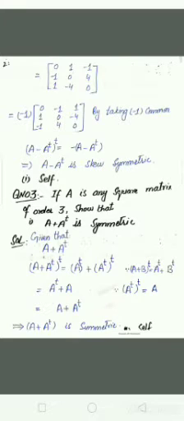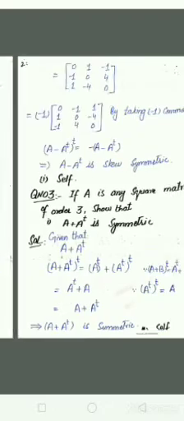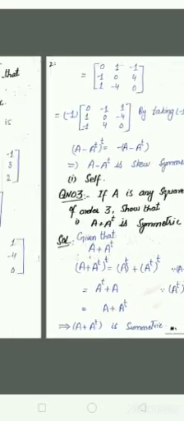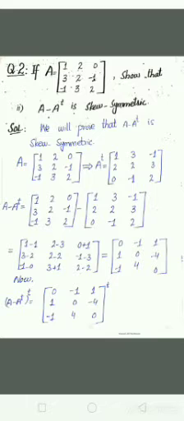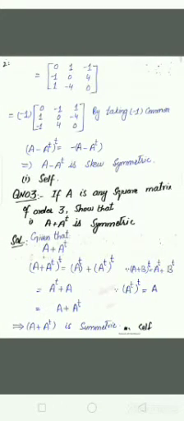Now we can simply say that minus 1 is outside and the matrix inside is equal to A minus A transpose, which was on the previous page. So A minus A transpose matrix has appeared again after taking minus 1 common.